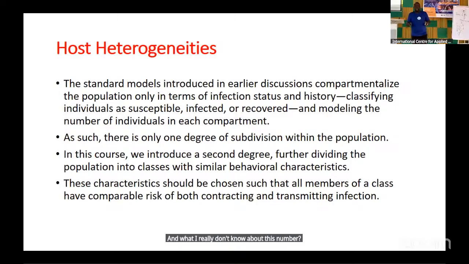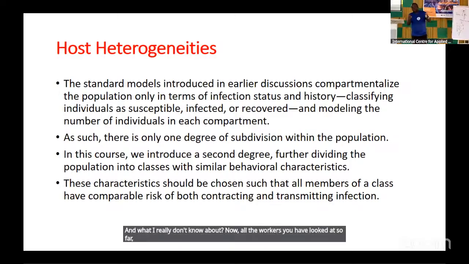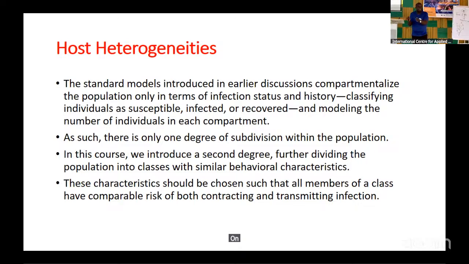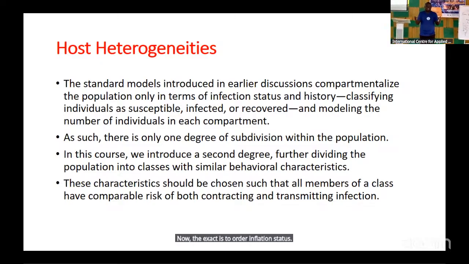Now, all the models you have looked at so far are only on microparasitic disease, and for microparasites the interest is to model infection status. What are those pathogens?